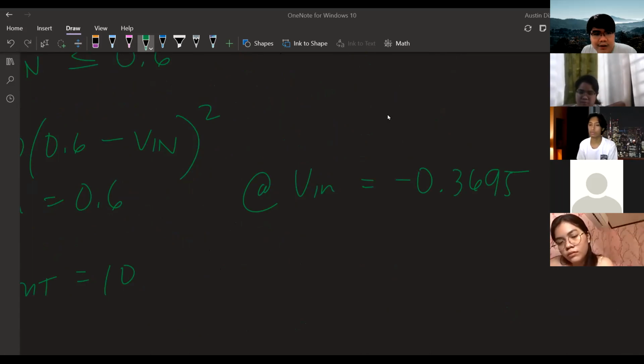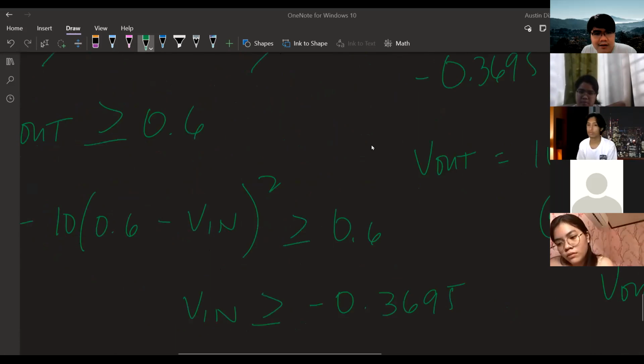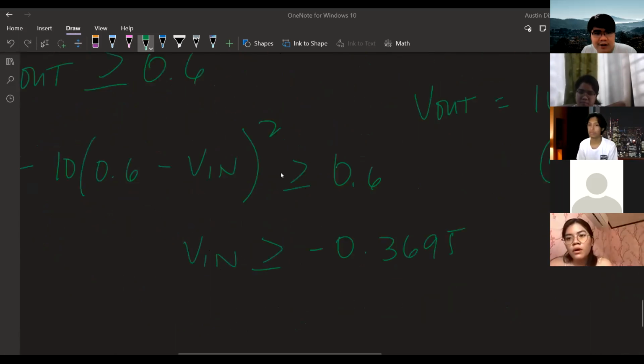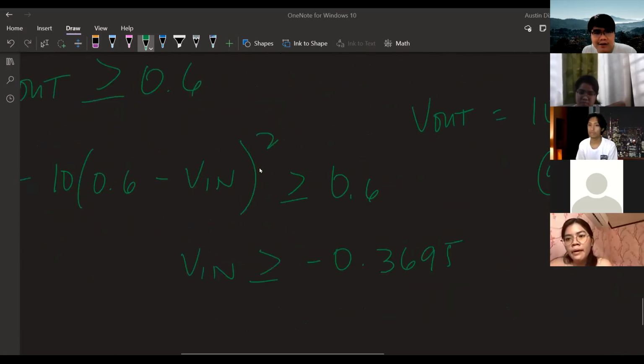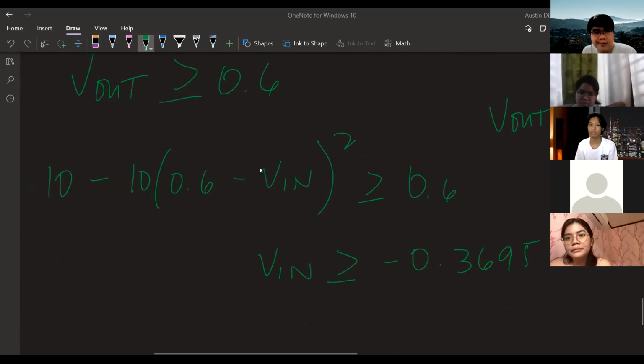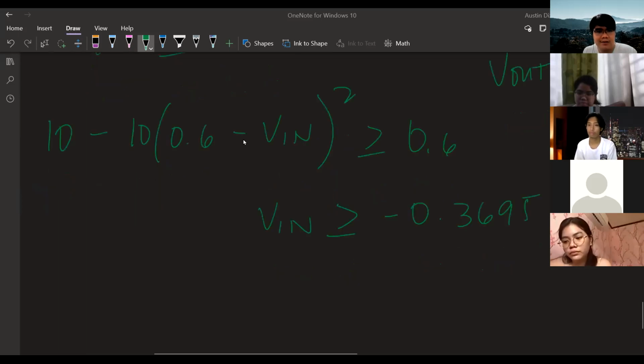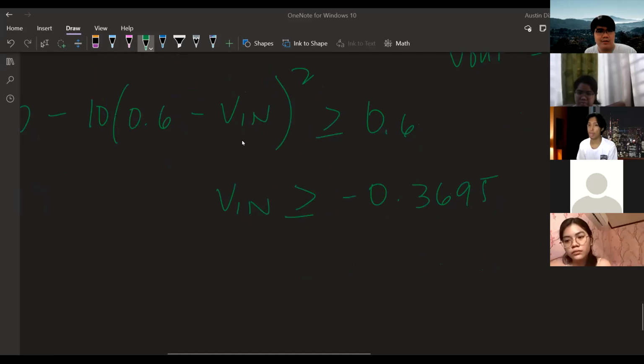Sir, quadratic. Ito ba yun tinatanong mo? Quadratic ba to? Ang mangyayari dito pag inayos mo to, hindi ka gagamit ng quadratic formula.